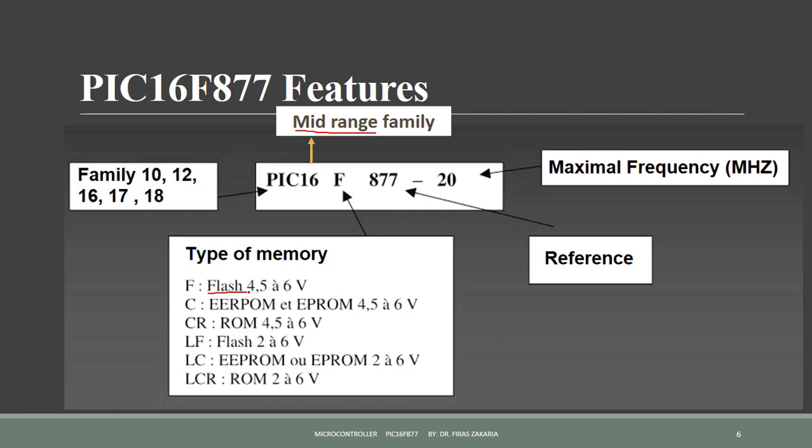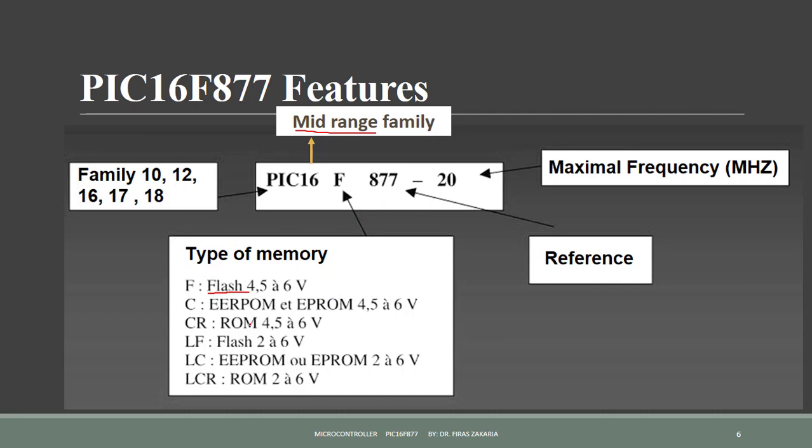This is one of the main advantages of the PIC. It can be written and erased as many times as possible because it uses flash memory technology. So this F indicates that the PIC uses flash memory technology.